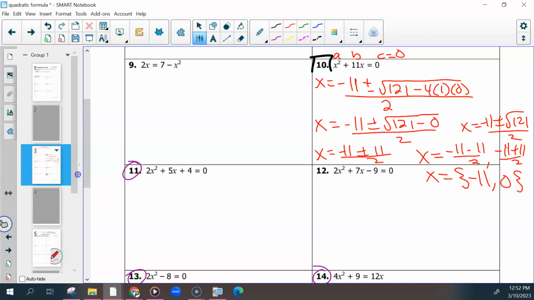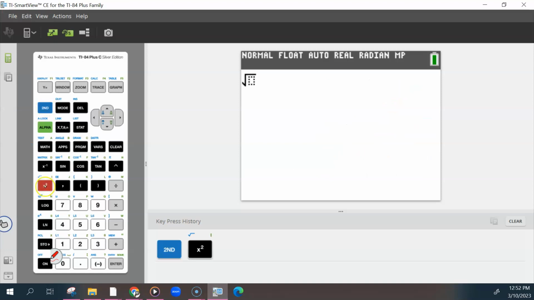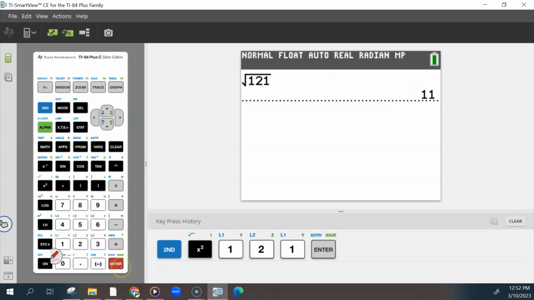So if you're missing a term, just make that term 0, whatever it is. The square root of 121 is 11.